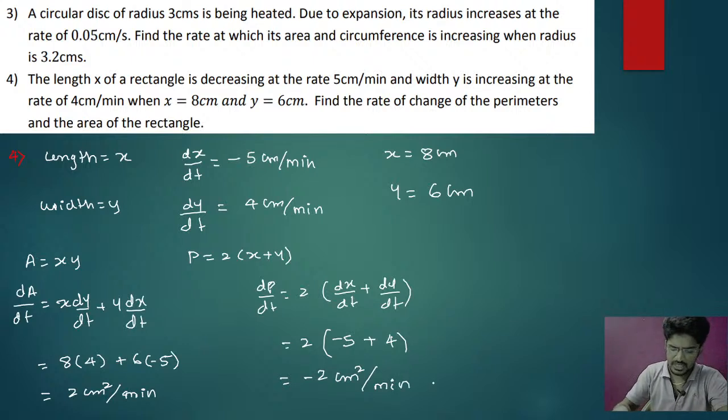So therefore rate of change of area is 2 centimeter square per minute, and rate of change of perimeter is minus 2 centimeter per minute. These are the rate of change of area as well as rate of change of perimeter.